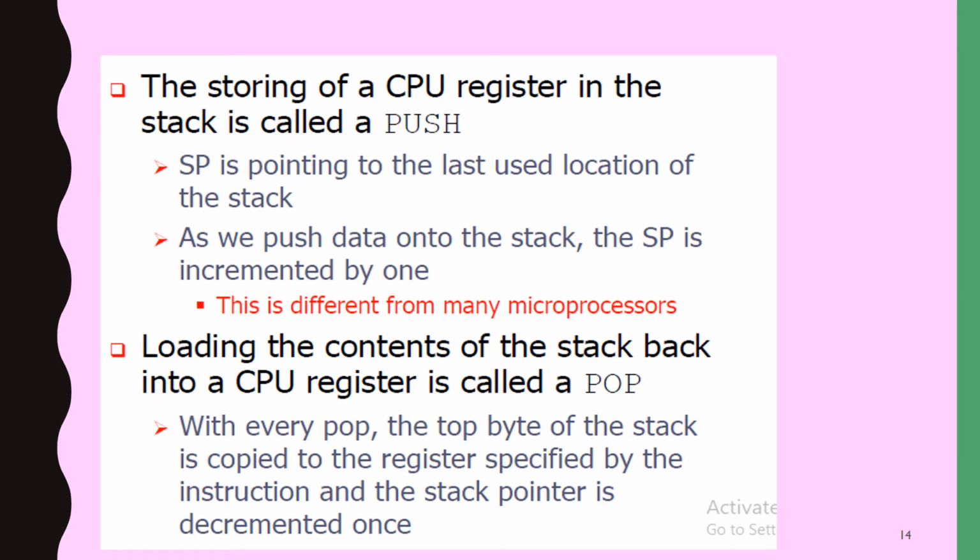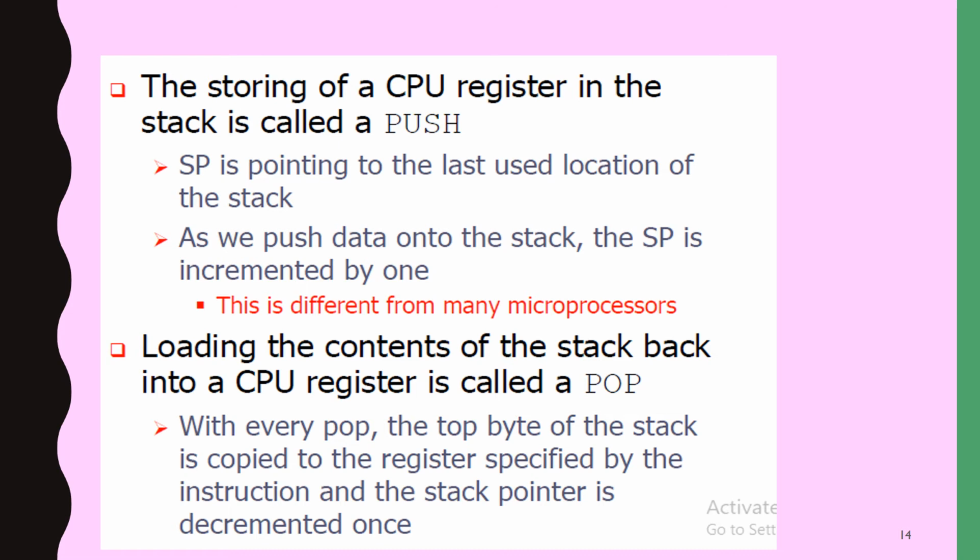The storing of a CPU register in the stack is called a push. The stack pointer is pointing to the last used location of the stack. As we push data onto the stack, the SP is incremented by 1. This is a little bit different from many other microprocessors.